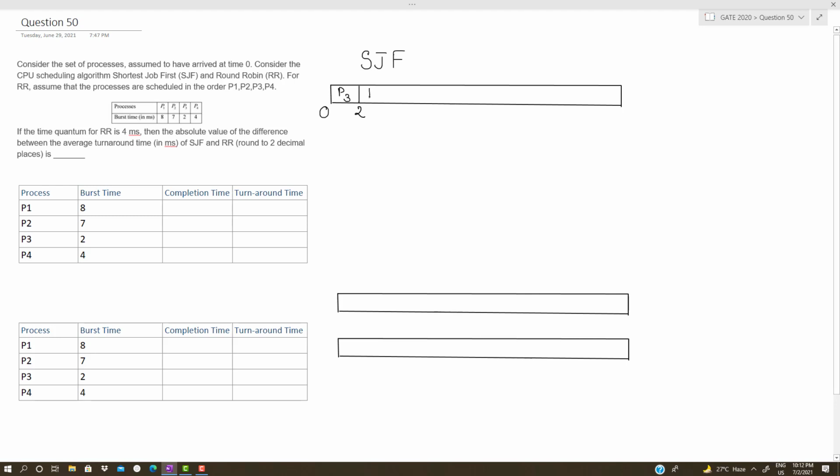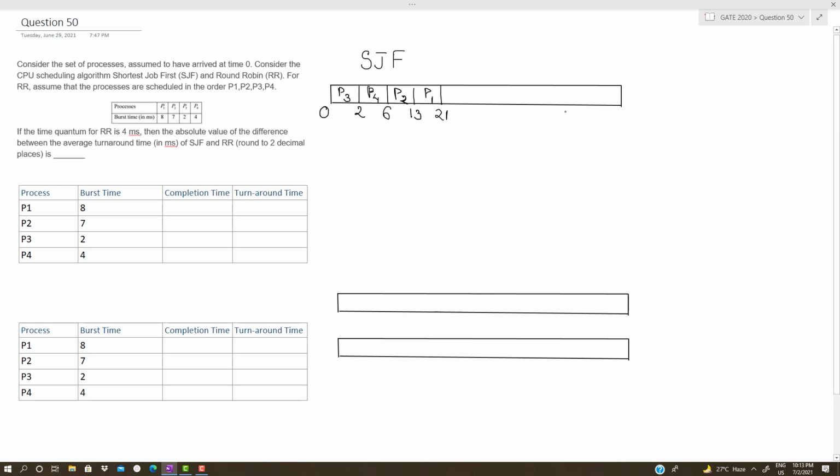Then process P4 will be selected and will be executed for 4 seconds, followed by process P2, which will be selected and executed for 7 seconds, followed by process P1, which will be executed for 8 seconds.